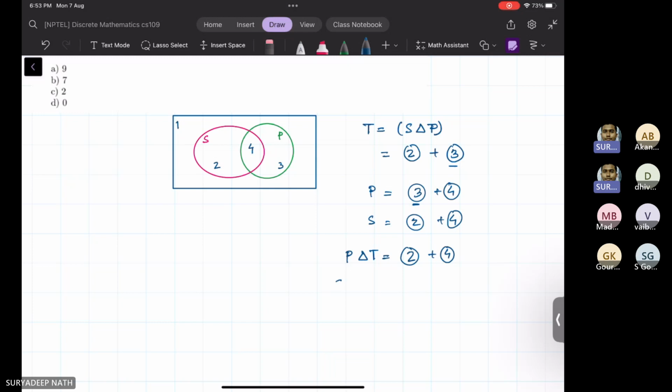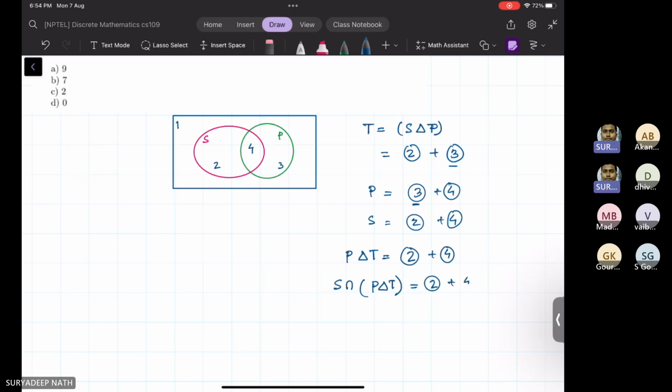And what is S intersection with the symmetric difference of P and T? If you see, the symmetric difference between P and T and S are basically two identical sets. Therefore, the S intersection with the symmetric difference would be the same set.